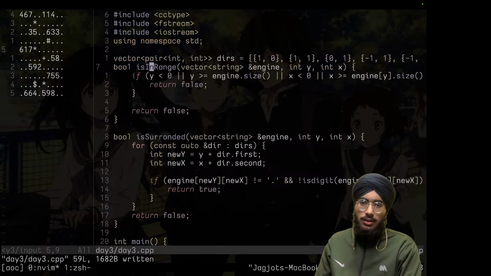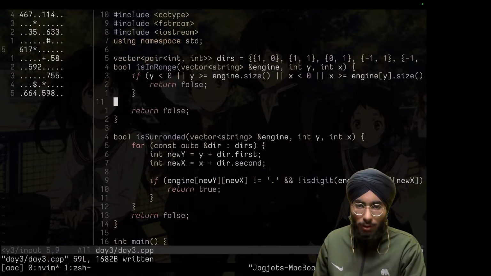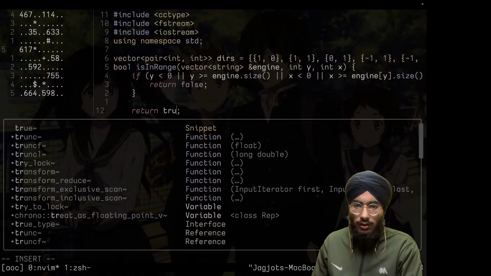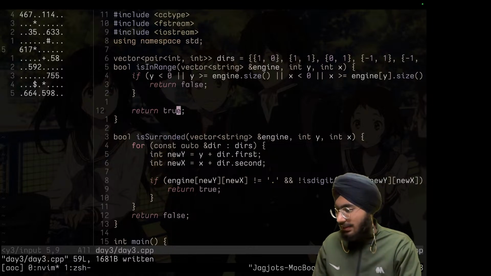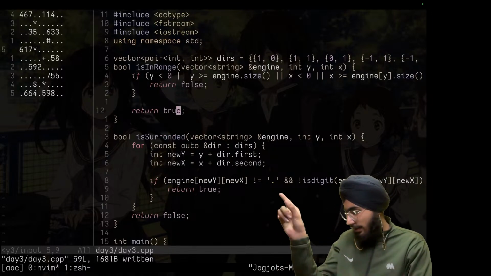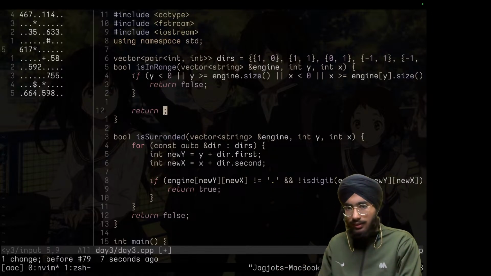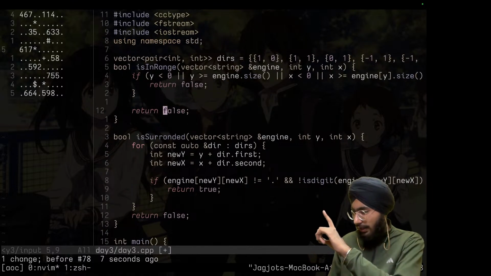Yeah, is in range is appropriate. Yeah, see that blunder right there? I did that, right? It was like that. True. Wait.